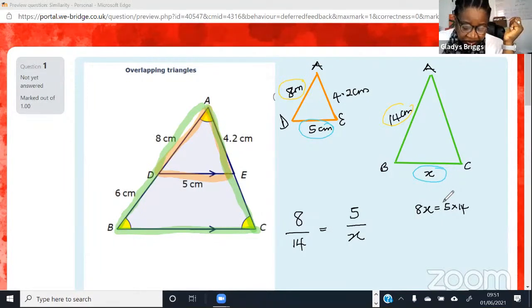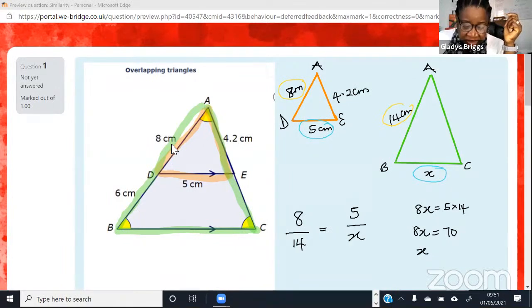What is 5 times 14? This is where you get your calculator out. Okay, 8x is equal to 70. Therefore, what is x? 8.75.